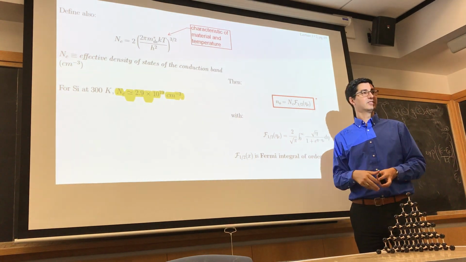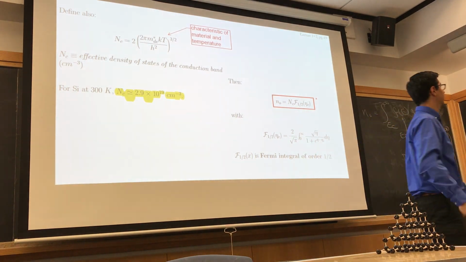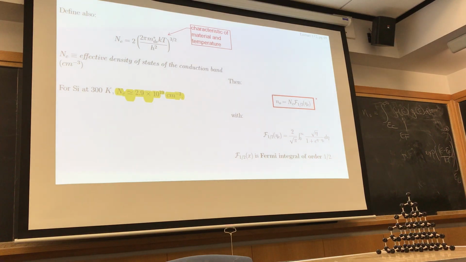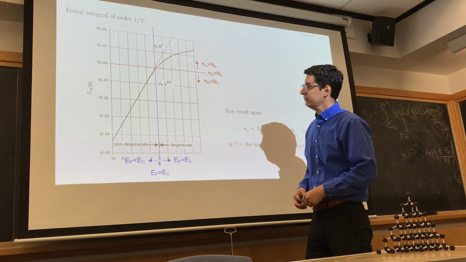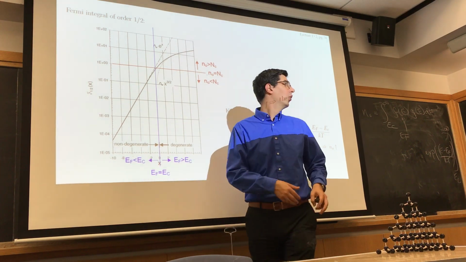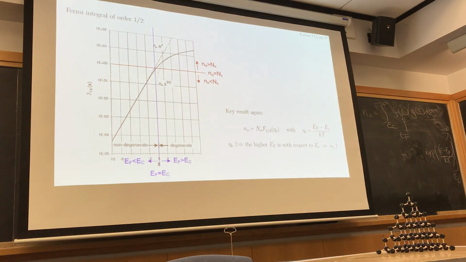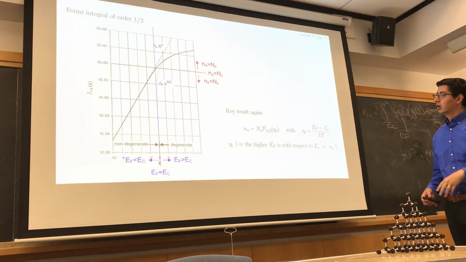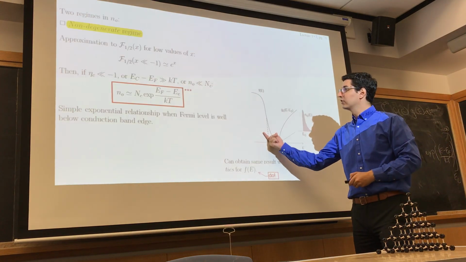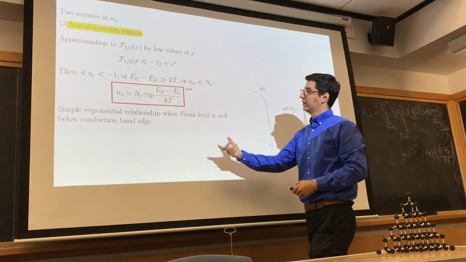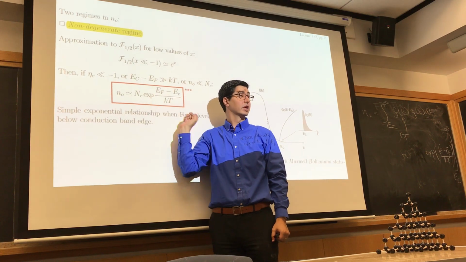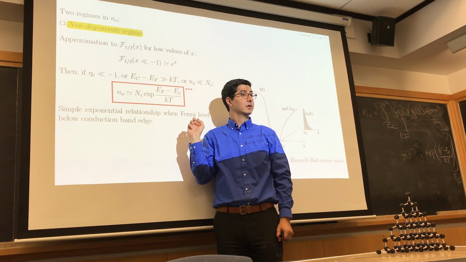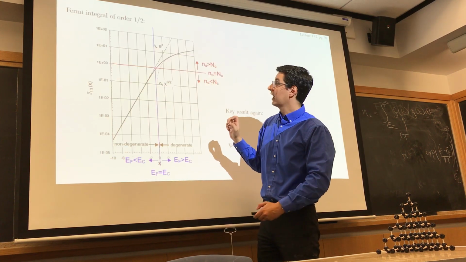And one of the approximations of this is in the limit where this is true. And so, when this is true, you're going to see that what this evaluates to is just this exponential, EF minus EC. Okay? This is the exponential decay.